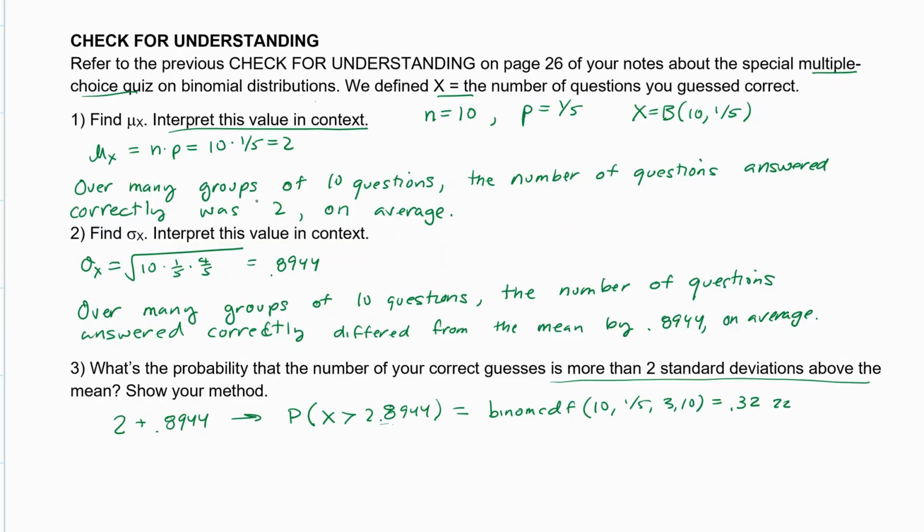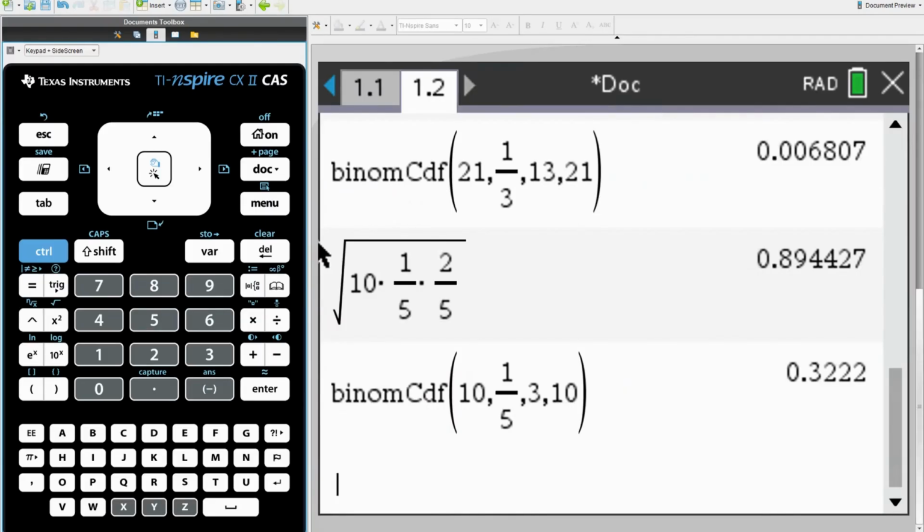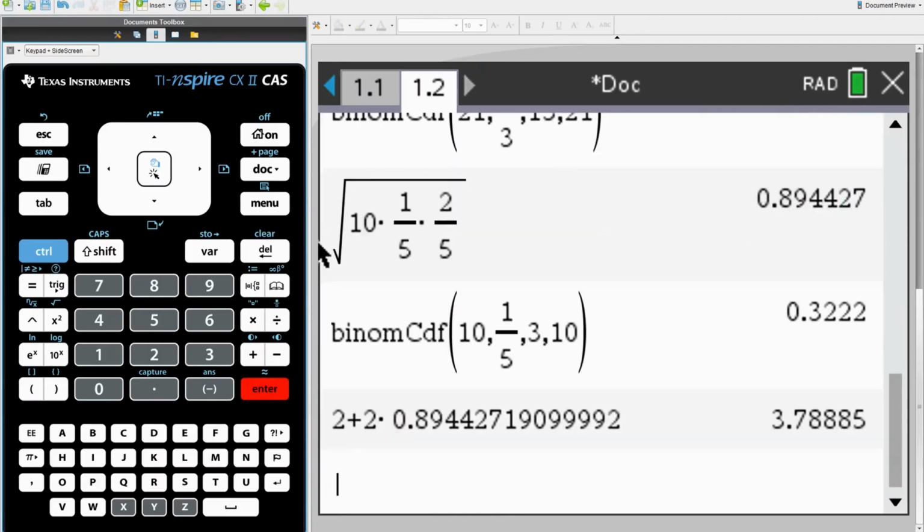Oh, I'm sorry, screwed this up. This is supposed to be, let me make the change in red so you can see it. This is supposed to be 2 standard deviations. 2 standard deviations is 2 plus 2 times, let me go grab that standard deviation, is 3.7888.